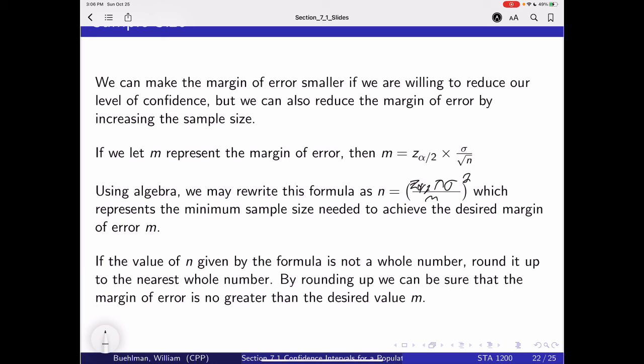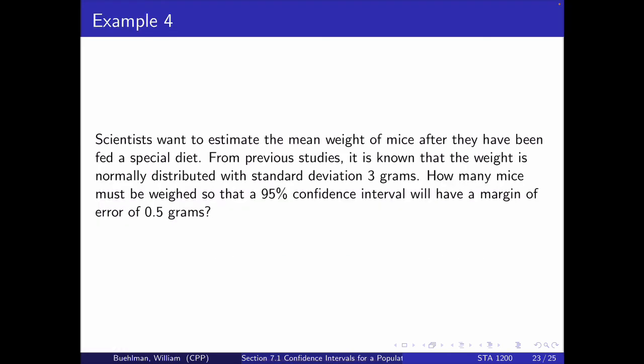If the value of n given by the formula is not a whole number, round it up to the nearest whole number. Always round up for n in this case. By rounding up, we can make sure that the margin of error is no greater than the desired value of m. Example 4. Scientists want to estimate the mean weight of mice after they have been fed a special diet.